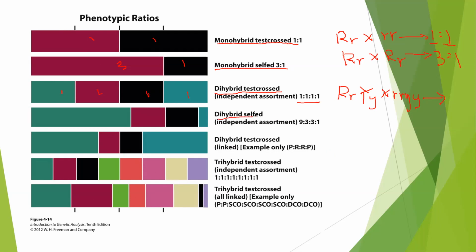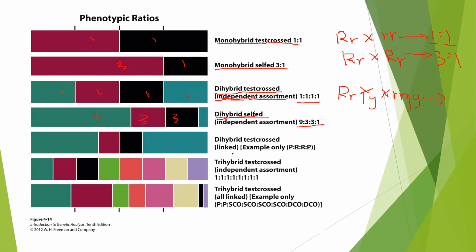Remember, this represents independent assortment. So this 1:1:1:1 only applies to independent assortment, unlinked genes, not in LD, right? Still with unlinked genes and independent assortment, the dihybrid selfed gives us this classical ratio here.